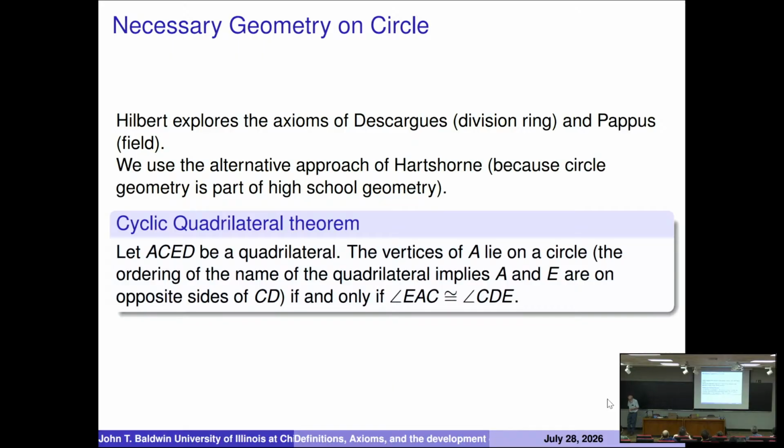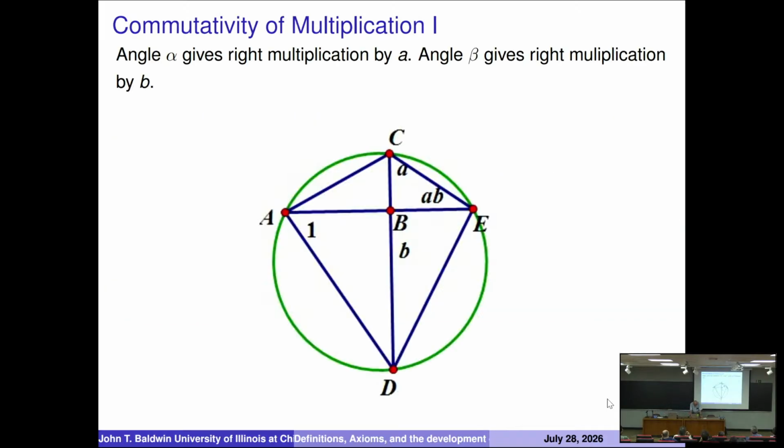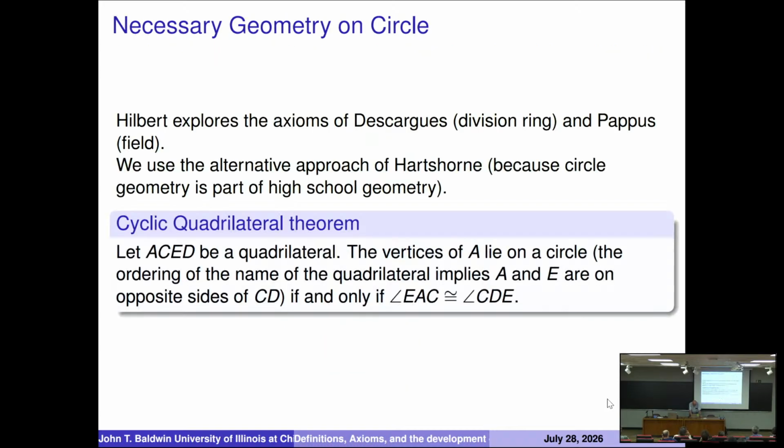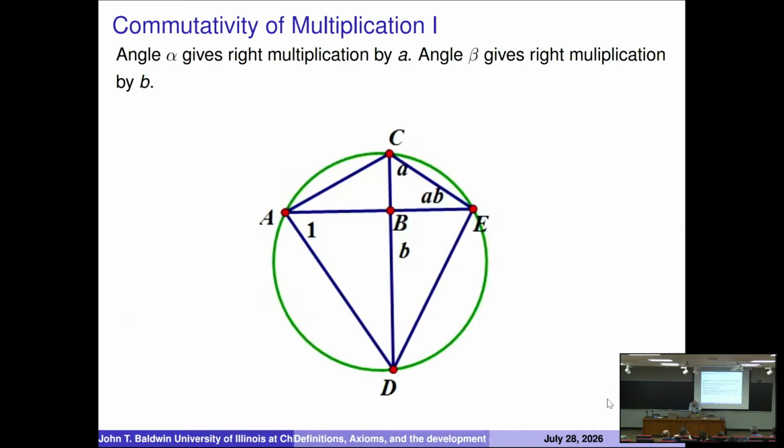Hartshorne built it on something called the cyclic quadrilateral theorem. So the theorem is, if I have a quadrilateral, the vertices of the quadrilateral lie on a circle if and only if angle EAC is equal to CDE.